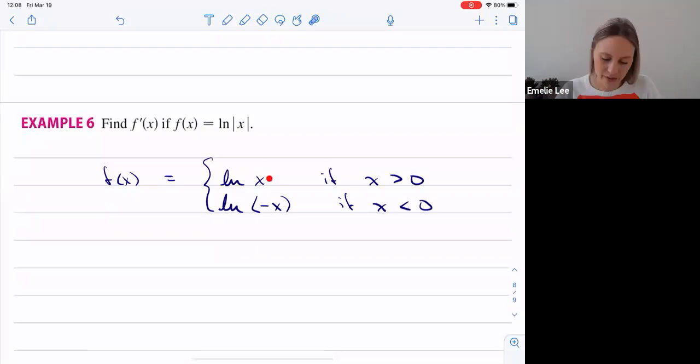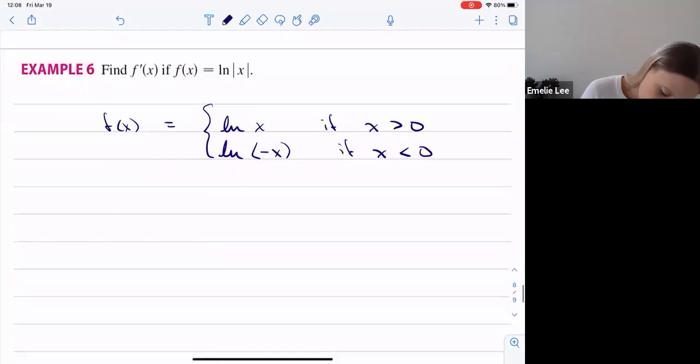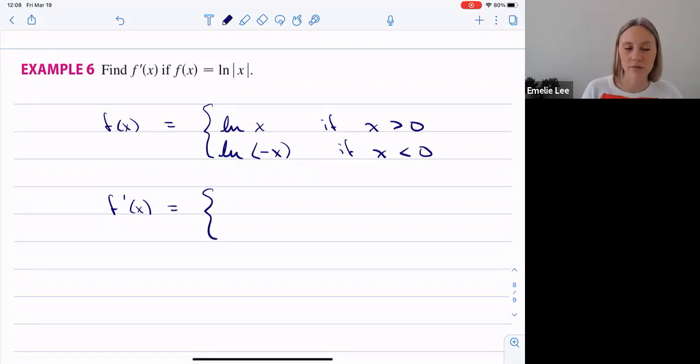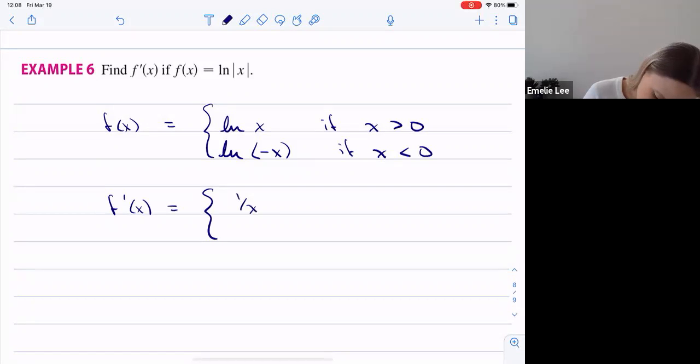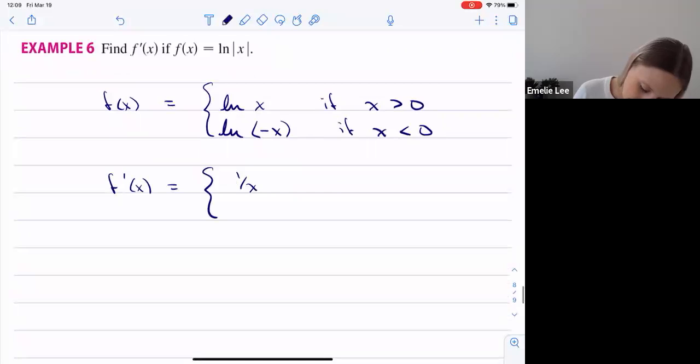But now we can easily find the derivative of this thing. Our derivative is also going to be a piecewise defined function. The derivative of log x is just 1 over x if x is larger than 0.